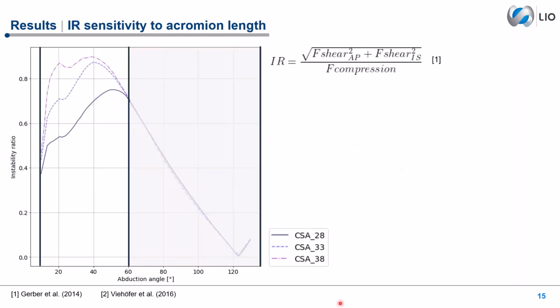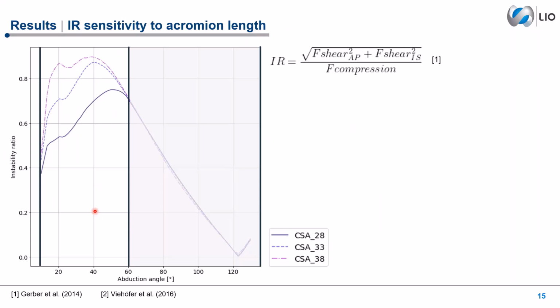So now, if we're interested in the stability, the instability ratio, which is the ratio between shear forces and compression forces, we observe the same thing. With a small CSA, it's more stable. And the effect is only at the beginning of the movement, before 60 degrees. With a higher CSA, the deltoid pulls the humerus upward.